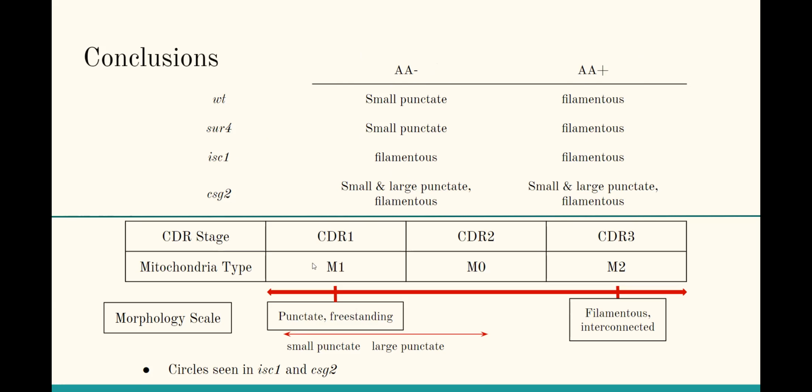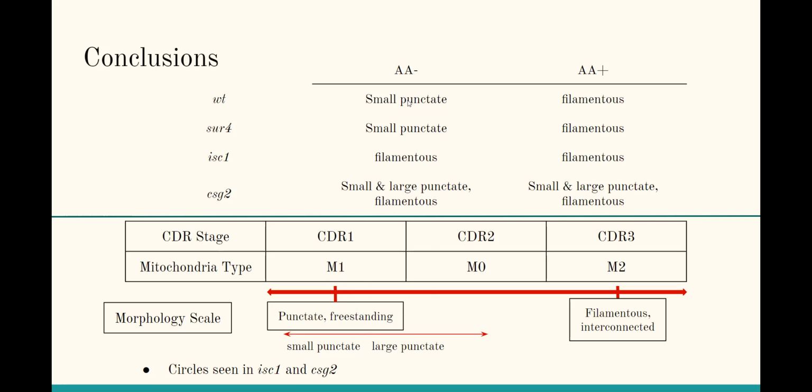And so this diagram of mitochondrial morphology was expanded so that we could look at these results and qualify where these cells might be falling along the CDR cycle according to their mitochondrial morphologies. You can see the small punctate, large punctate, and filamentous here at the bottom.